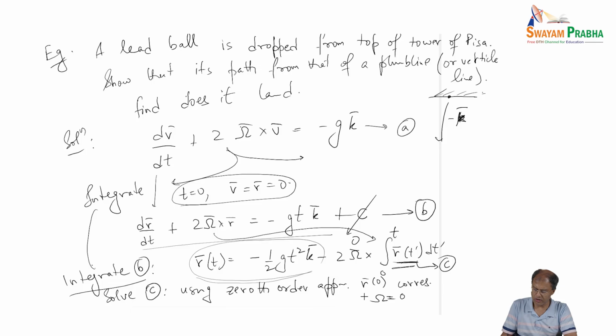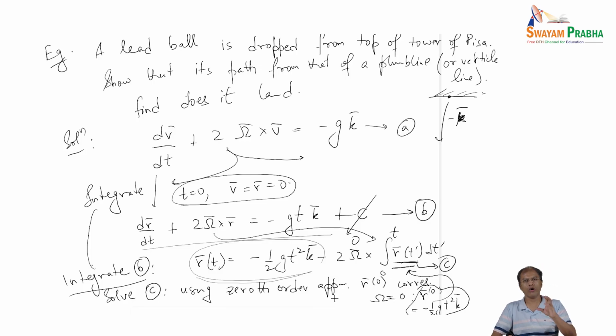If omega is 0, then our R0 is minus half g t square k. So that is when omega is 0, this term is dropped. So this is this quantity. Okay. So now we are going to use the zeroth order approximation in this integral.